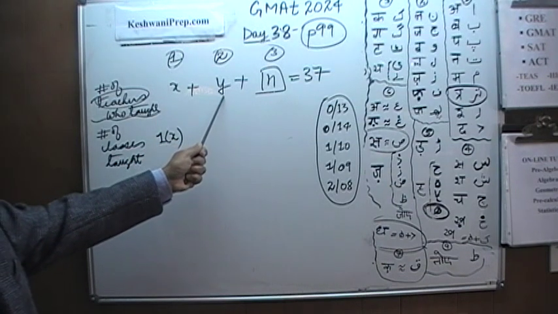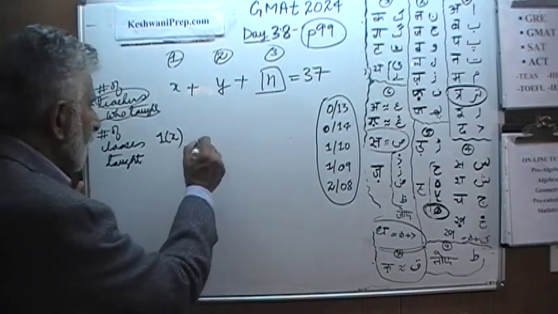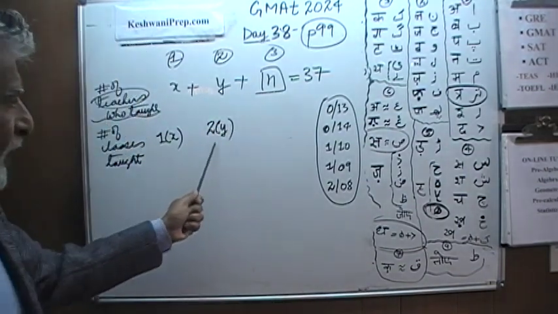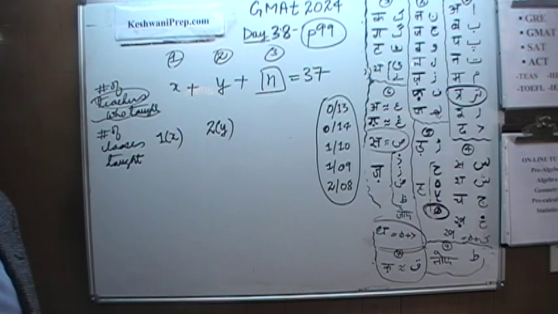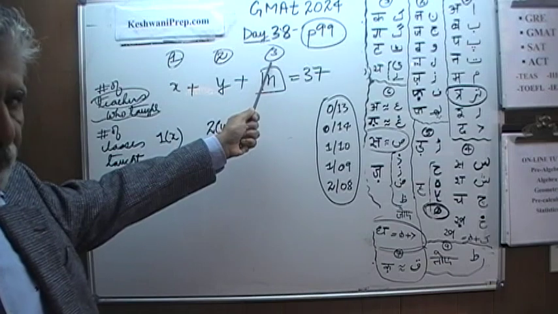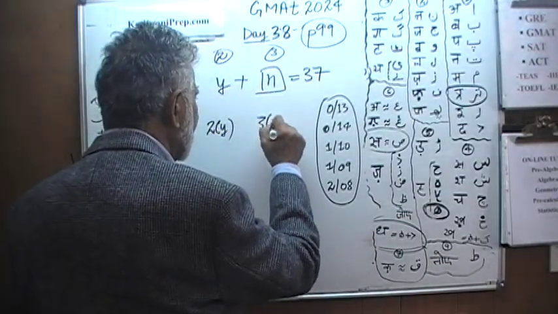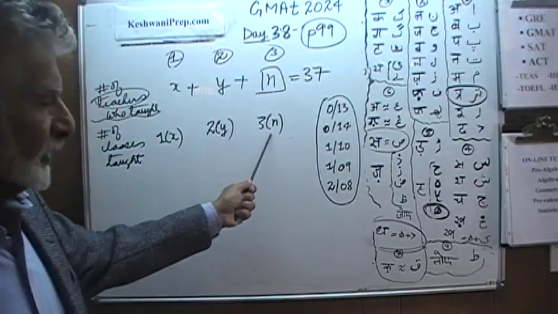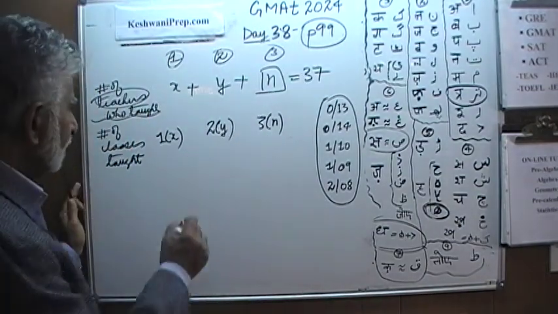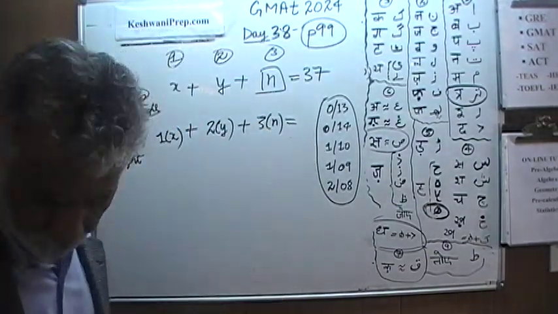If y represents the number of teachers who taught 2 classes, then 2 times y must represent the number of classes taught by the y teachers. And similarly, if n represents the number of teachers who taught 3 classes, then 3 times n must represent the number of classes taught by these n teachers. And that has to add up to, I believe we were told 64. Yep, 64.